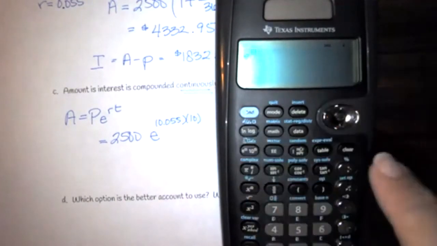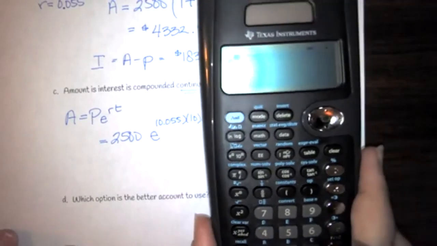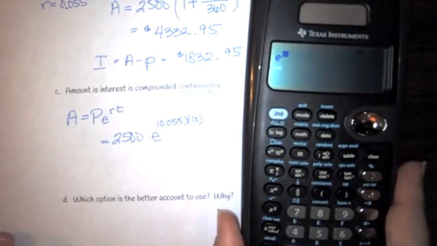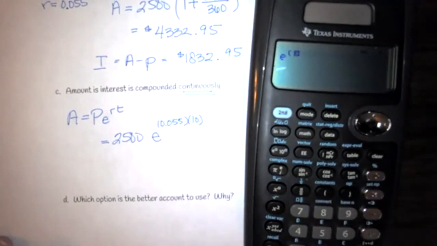So for me, when I push it, my E shows up. Okay, so there's my E. I'm going to open a parenthesis and say 0.055 times 10. Now I'm going to close my parenthesis and hit enter. And then I'm going to multiply that by 2,500.